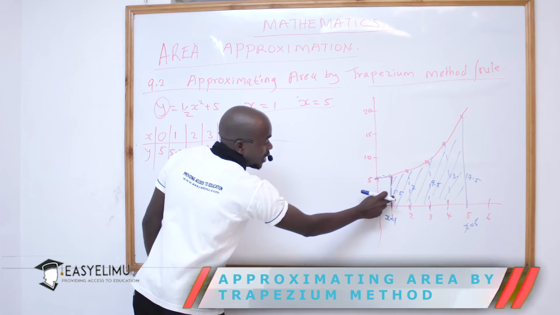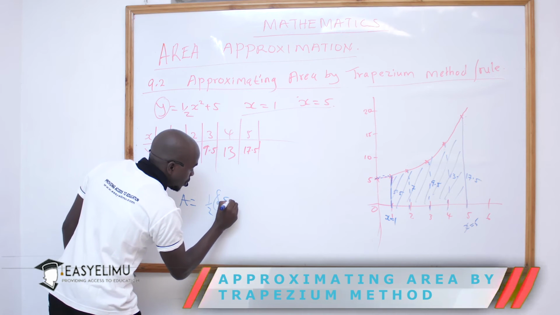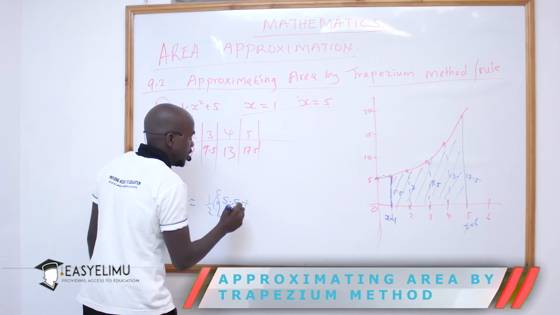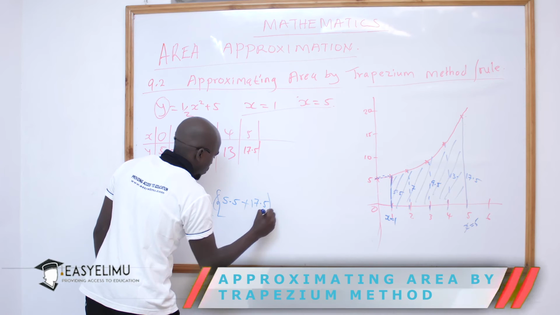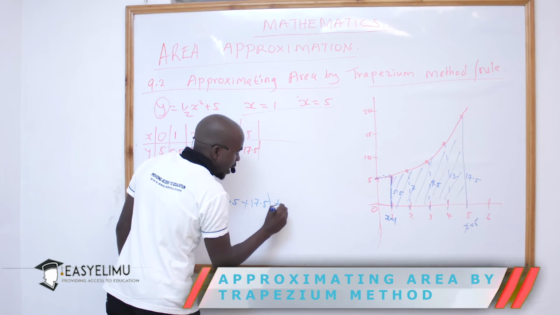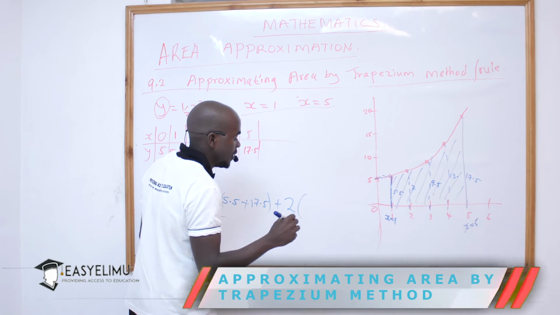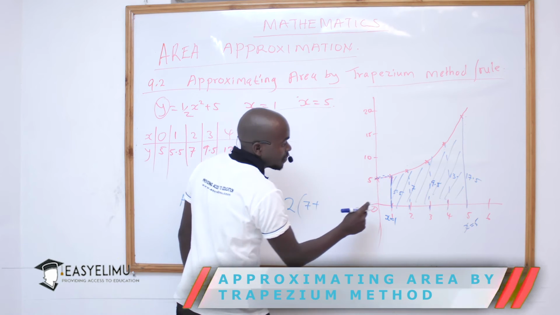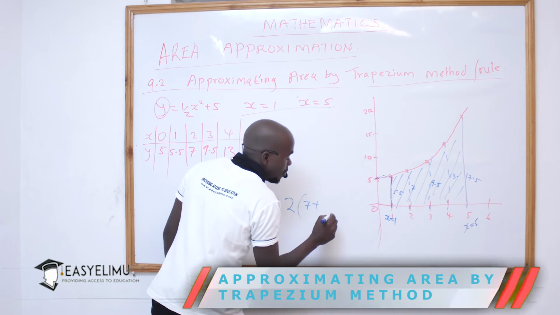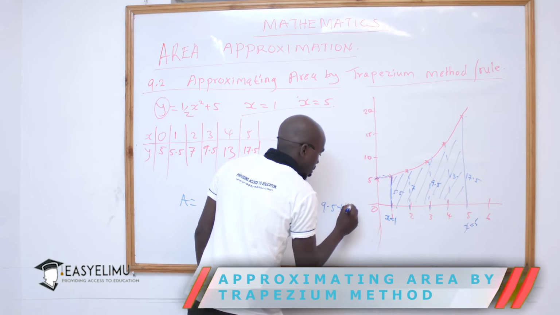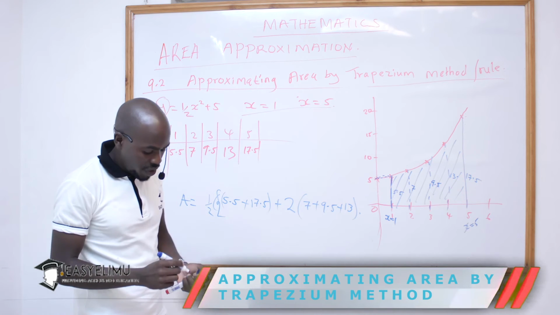And then y1 is 5.5 plus the last y, which is 17.5. Then we add 2 into those which should be repeated: 7 plus y3, which is 9.5, plus 13. Let's see what we find here.